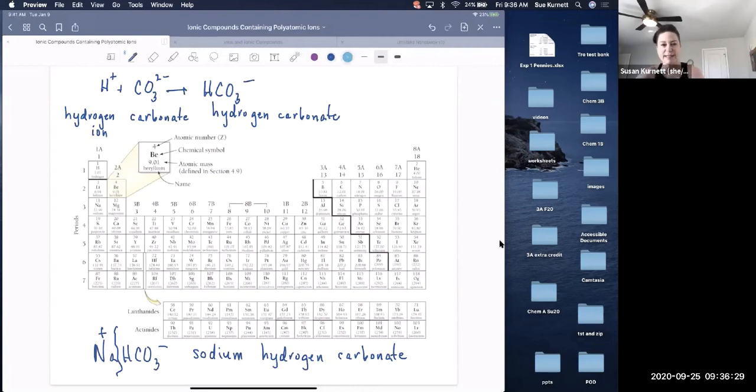Unfortunately, before we made a systematic way of naming things, people were already naming things, and sodium hydrogen carbonate is really common. The other way to name it is to call it bicarbonate, which is one word. So this is also known as sodium bicarbonate, and you probably have it in your kitchen.